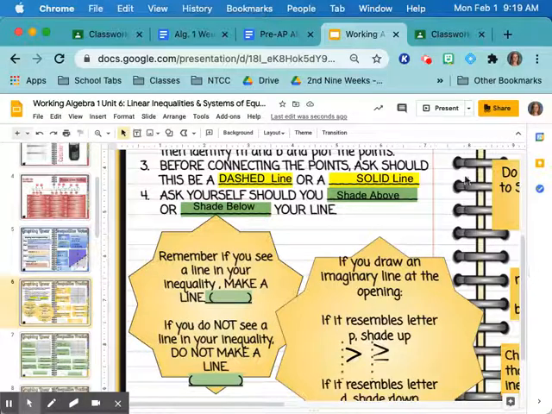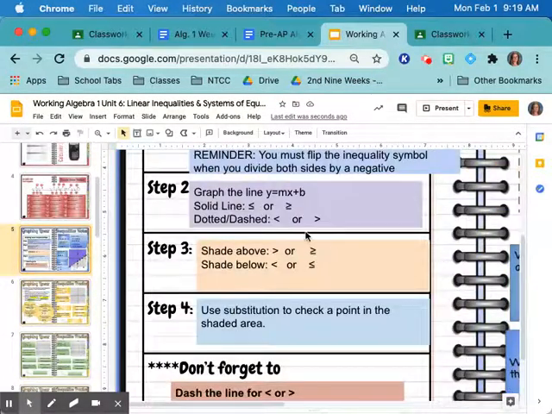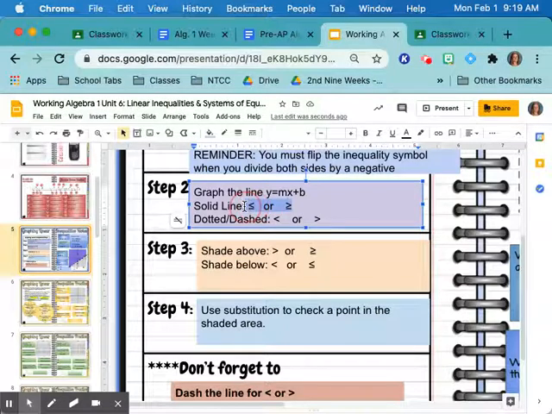Okay, remember, if you see a line in your inequality, make a solid line. So what it means by a line in your inequality, see how these have lines in the inequality? If it has a line, then it's solid.